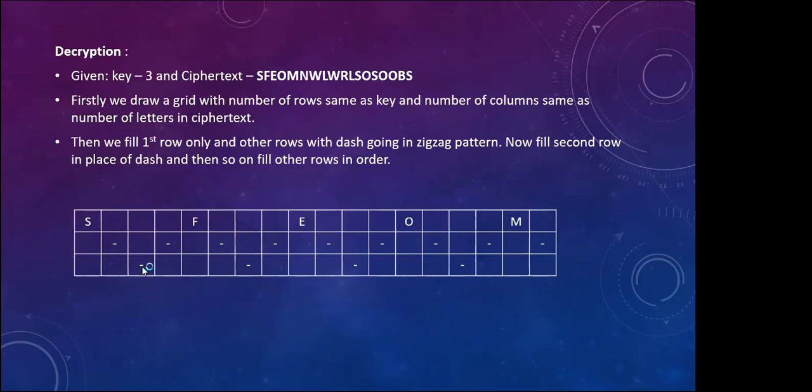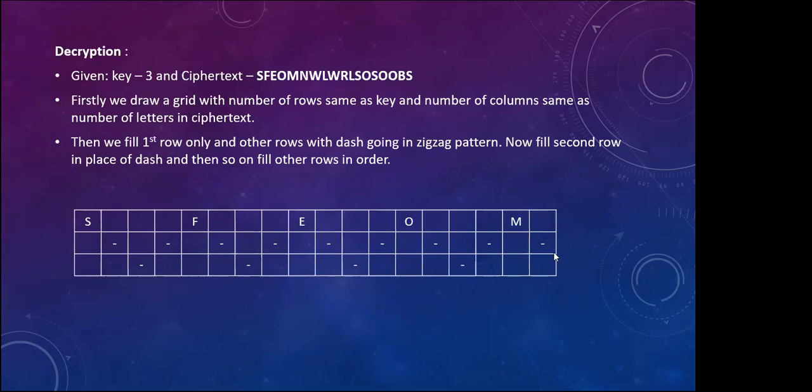After reaching the last row, again diagonally we go upwards till the first row, and there we fill that block with the second letter of the ciphertext. In the same manner we go in a zigzag till the end of the columns.